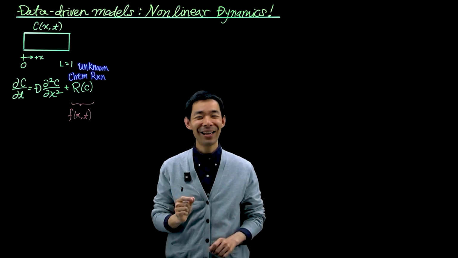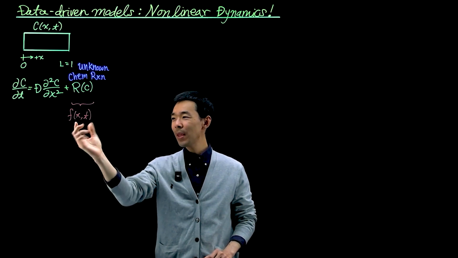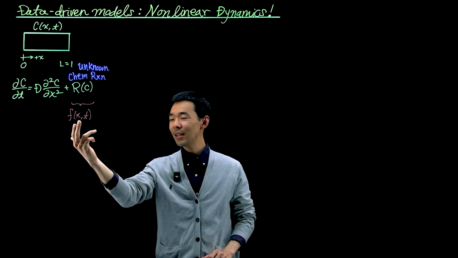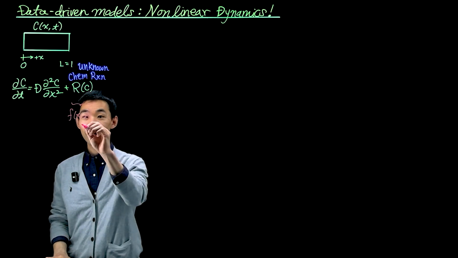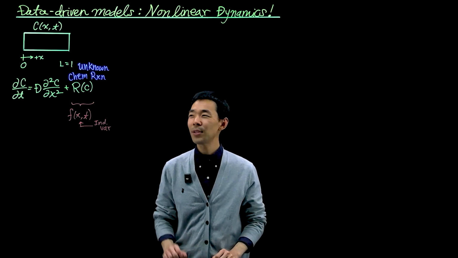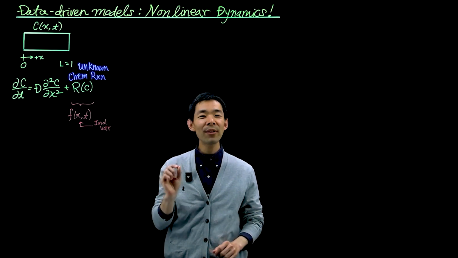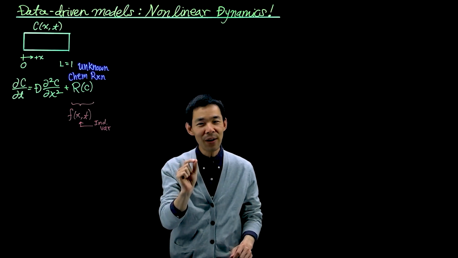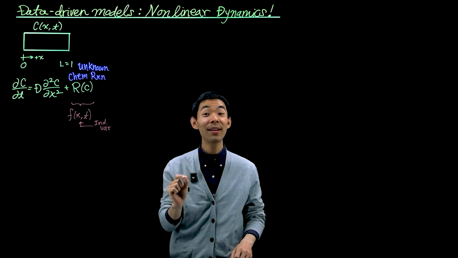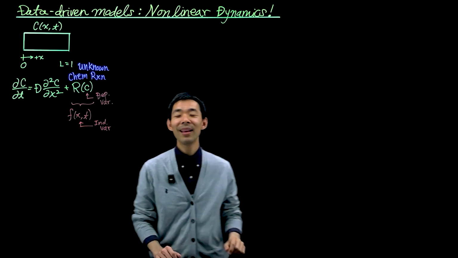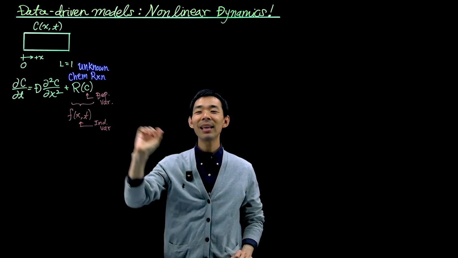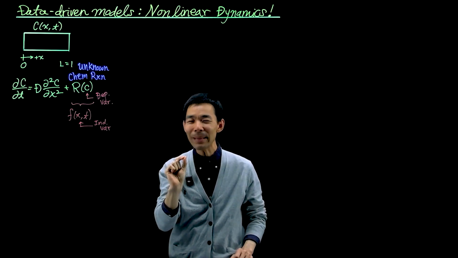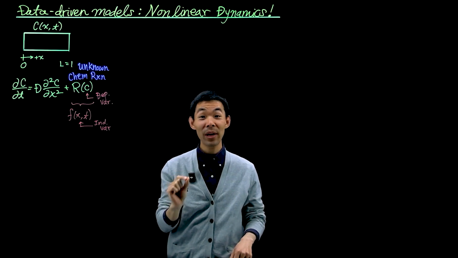One key difference is the fact that last time, your function depends on the independent variables x and time. In contrast, what we have today is some arbitrary function of the function you want, which is the concentration. Therefore, this function of C is dependent upon your dependent variable of concentration.